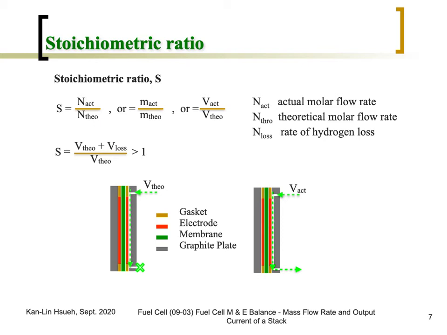For the hydrogen side, the stoichiometric ratio is controlled about 1 or 1.1, because the hydrogen is fuel and it costs money, and you don't want to release hydrogen into the environment. It might be dangerous also. So the stoichiometric ratio on the hydrogen side will be kept close to 1. But for the air side, usually about 2 to 4.